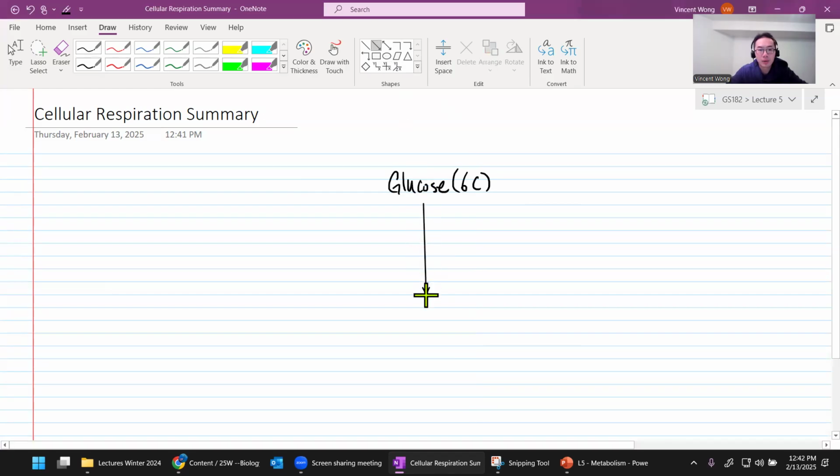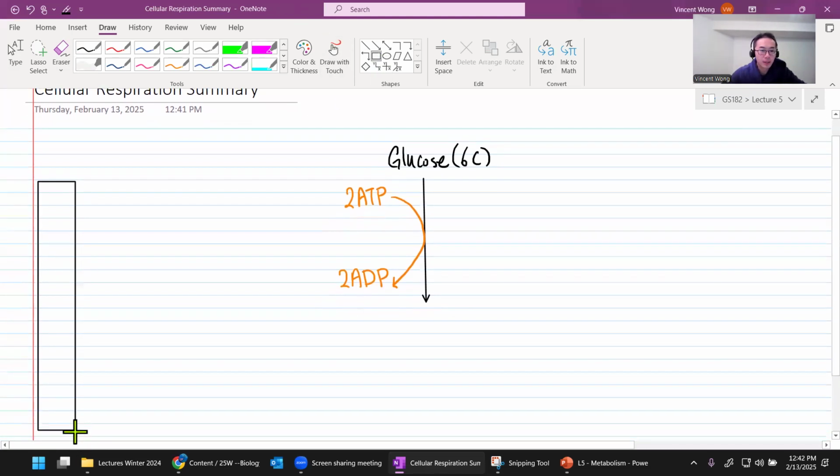And then the glucose is going to undergo the energy investing phase. So you're going to use two ATP molecules. You're going to add it to the glucose. And afterwards, you're going to get to ADP. Okay, so once again, I'm going to put it right here.